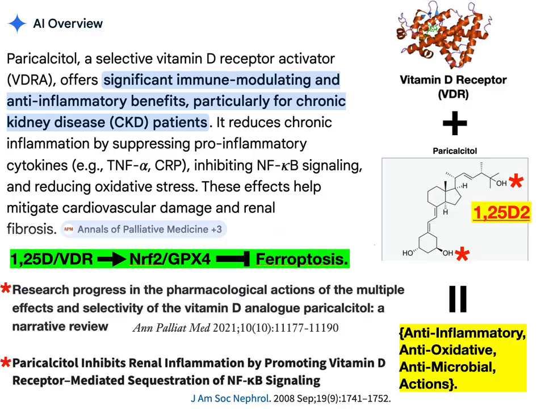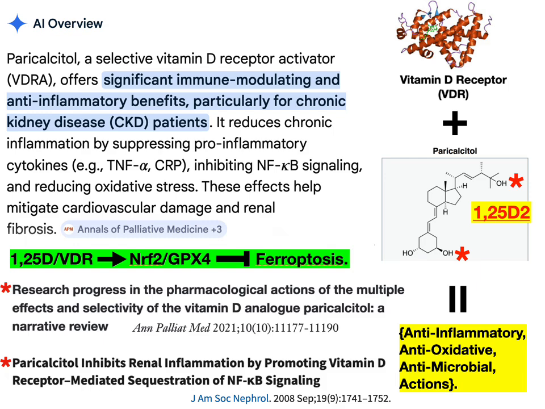Paricalcitol reduces chronic inflammation by suppressing pro-inflammatory cytokines, inhibiting nuclear factor kappa B signaling, that is a master pro-inflammatory transcription factor upstream of cytokines. So by inhibiting nuclear factor kappa B signaling, it suppresses the downstream production of cytokines.